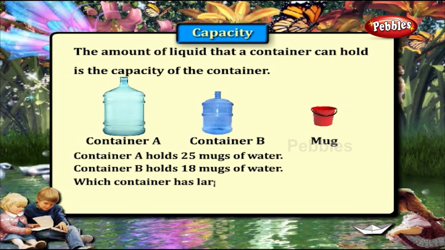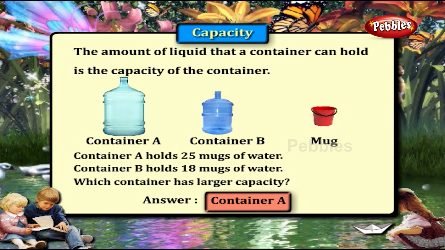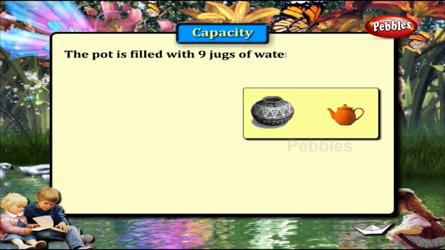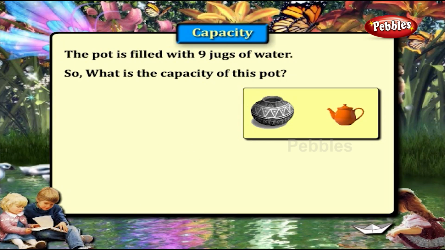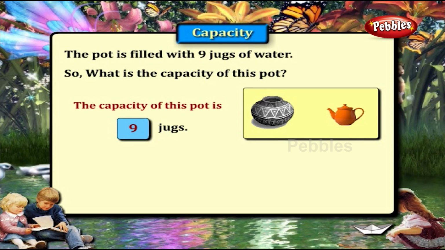Which container has the larger capacity? Of course, container A. The pot is filled with 9 jugs of water. So what is the capacity of this pot? The capacity of this pot is 9 jugs.